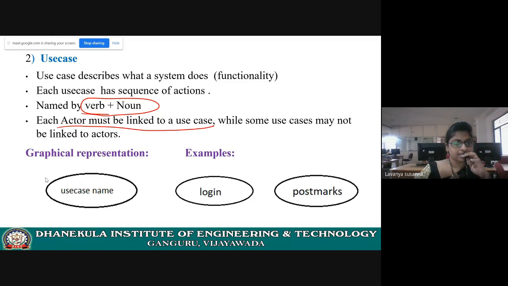A use case describes the system's functionality. Each use case will have some set of actions to be performed, and you give the name as a verb or noun. Importantly, each actor will be linked to the use case, because the actor only needs the functionality. Now let us see.